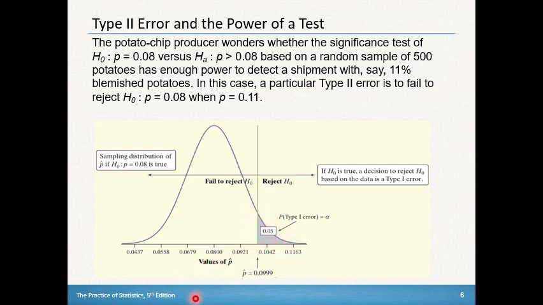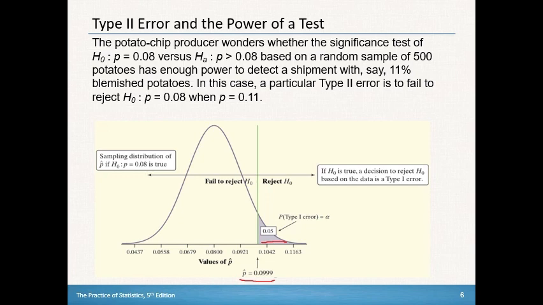So if we look down below, we can see that about 10%, 0.0999, if our p hat from our sample comes in above 10%, then we'll be down in this shaded region and we will reject the null hypothesis.